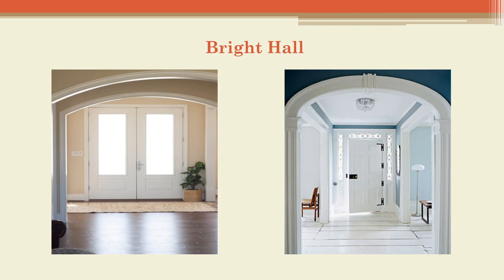What I mean here is the bright hall. I've actually touched on this on other occasions, and I think I've actually mentioned this in my other video as well. So the bright hall is not really a hall in itself, but it's the condition of the internal and external environment just inside and outside of the main door.